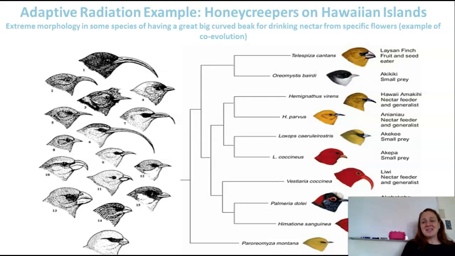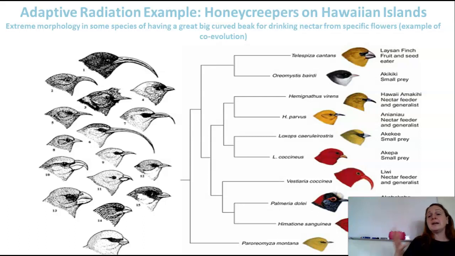We see those extremely curved bills, and that's generation after generation after generation. We see a lot of selective pressure to take that structure that already existed, to eat insects or to crack seeds or whatever you were doing with your beak. We see that selective pressure to change and modify that existing structure to take advantage of a new resource.